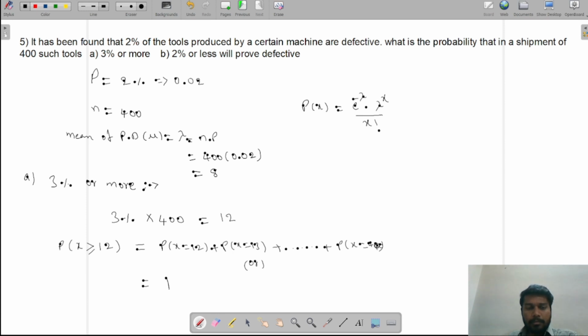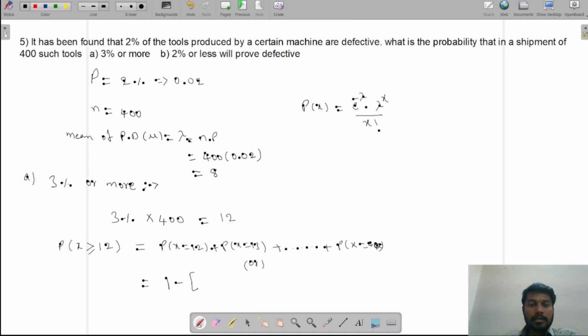From the total probability 1, I am eliminating whatever values we don't require. So for x, we required 12, 13, 14, so on up to 400. These all are required probabilities. So what are the x values we don't require? 0, 1, 2, 3, 4, 5, 6, 7, 8, 9, 10, 11.